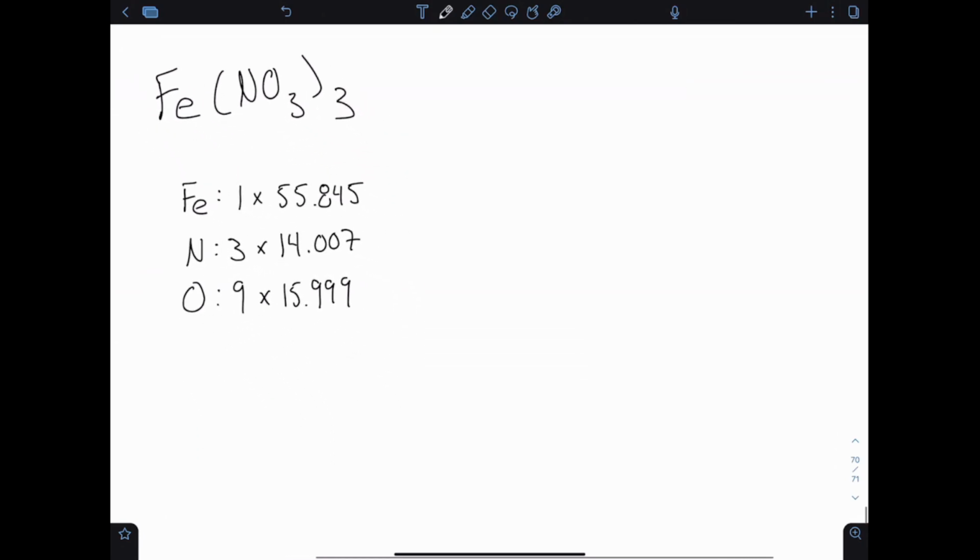Okay, so then we can take each of these and do the multiplication. Obviously this first one is 55.845. 3 times 14.007 is 42.021. And 9 times 15.999 is 143.991.